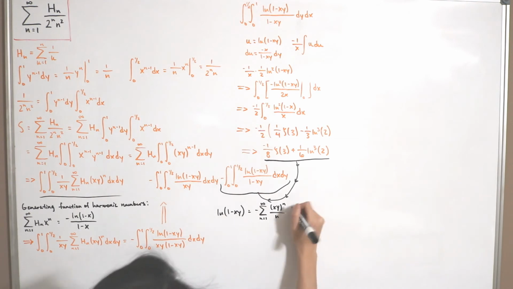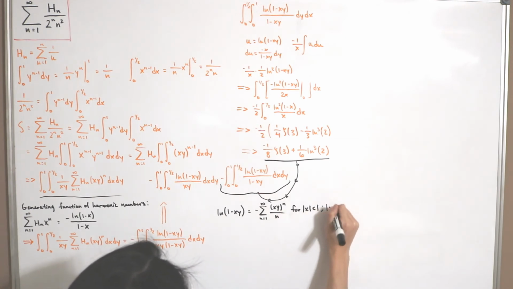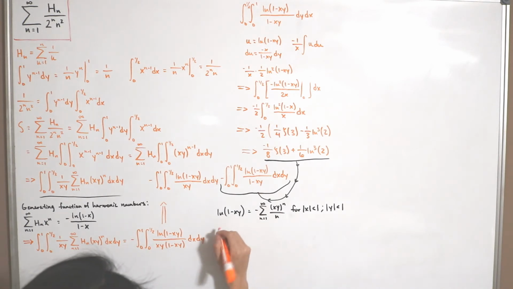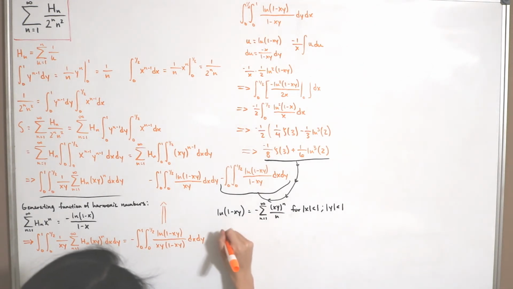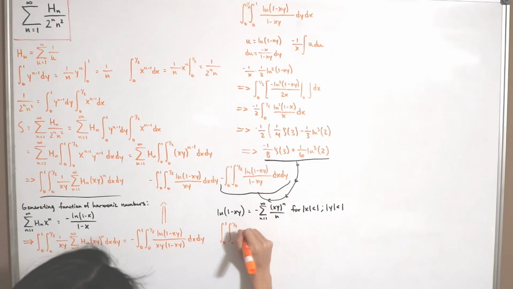This is for the absolute value of x less than 1, and the absolute value of y less than 1. Using this fact, we can replace our ln of 1 minus xy with this Taylor series over here.